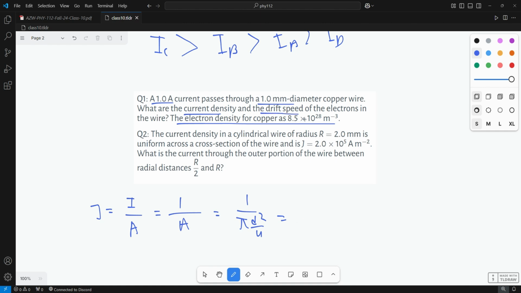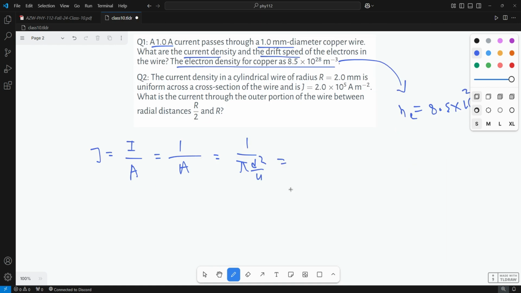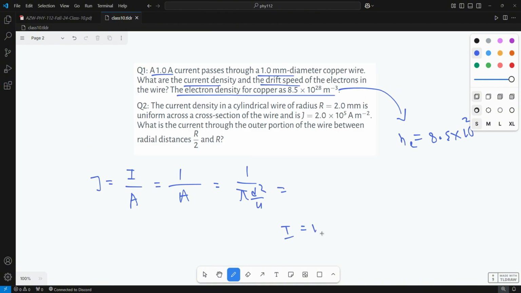And for the drift speed, we can find it by using this property, that electron density, which is Ne, is 8.5 times 10 to the power 28. We know I is equal to Ne times E times A times Vd.